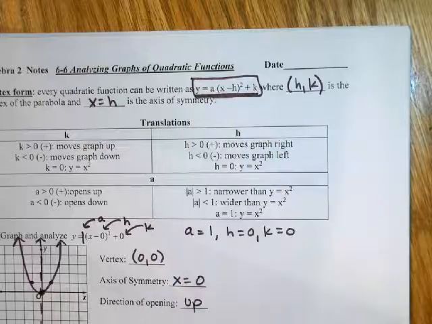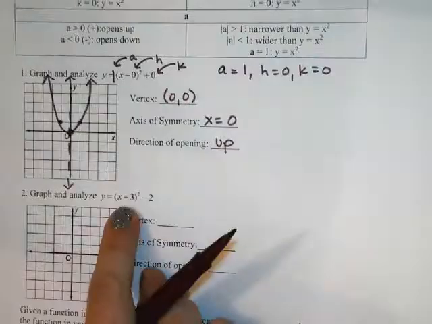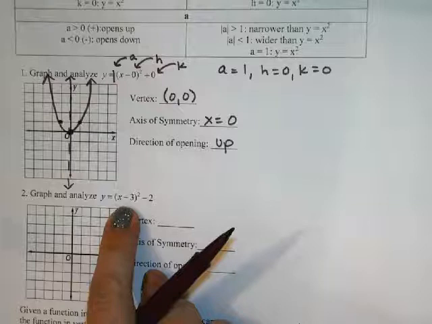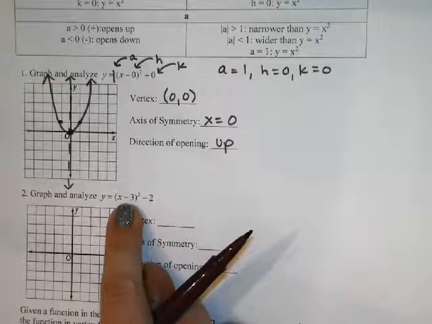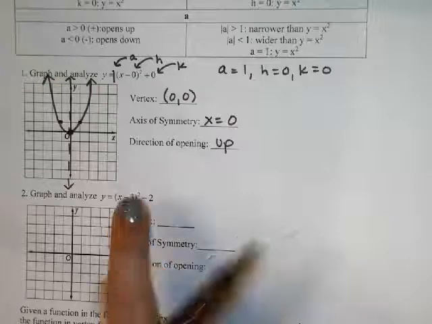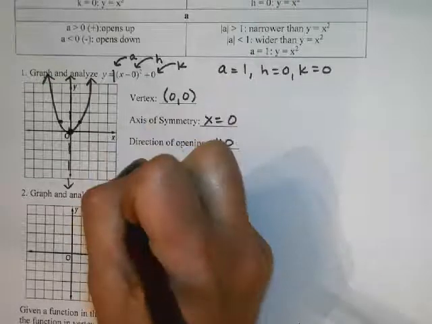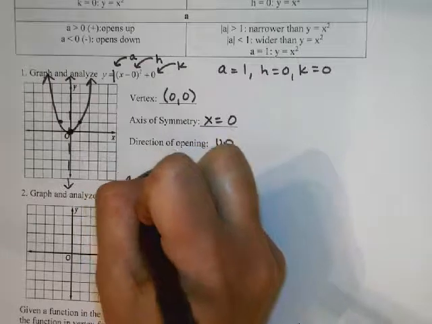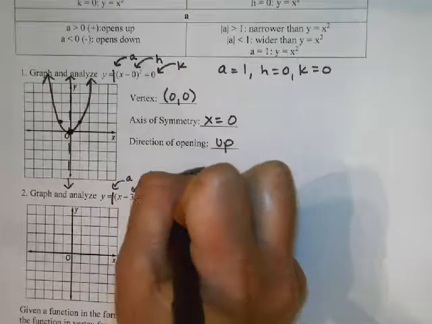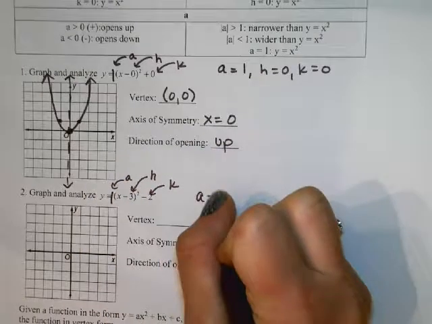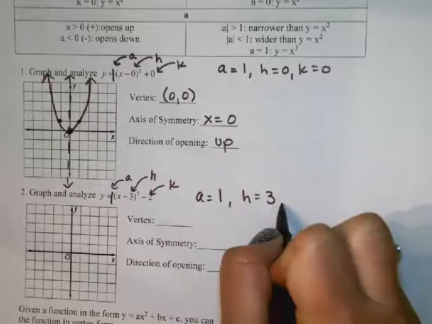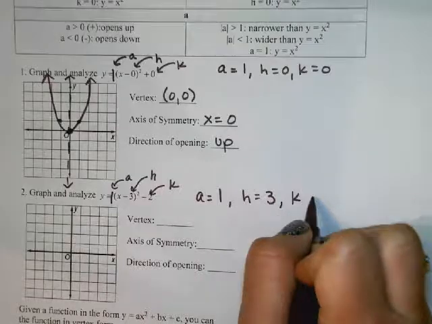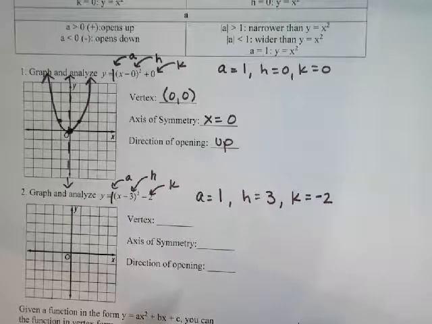Think about when we were doing synthetic division. It was like divided by x minus 3, and then we put a positive 3 in our box. Same thing. When we pull this out of the parentheses, it flips its sign. So there's a, there's h, there's k. a is 1, h is now positive 3, however k keeps its sign, so it's negative 2.